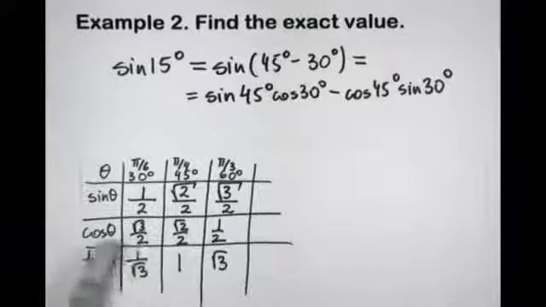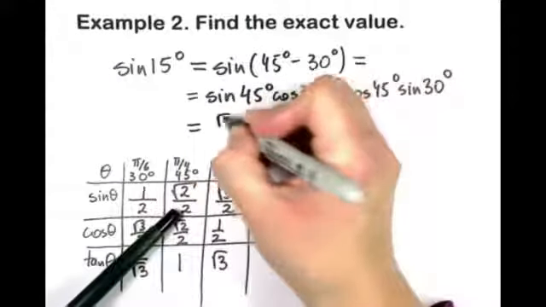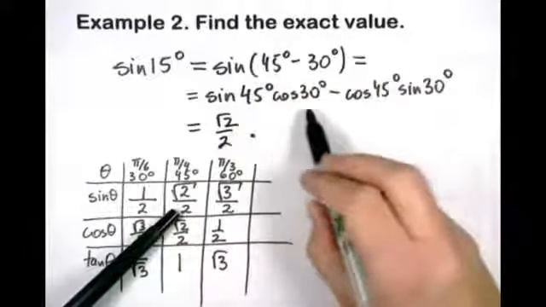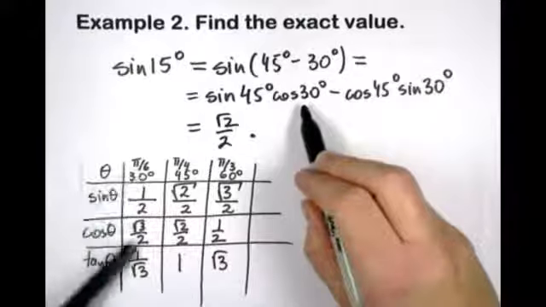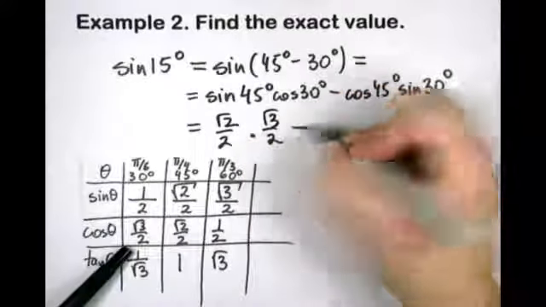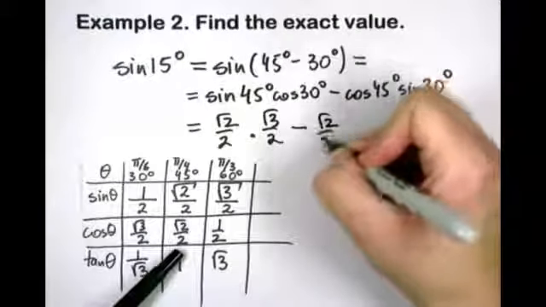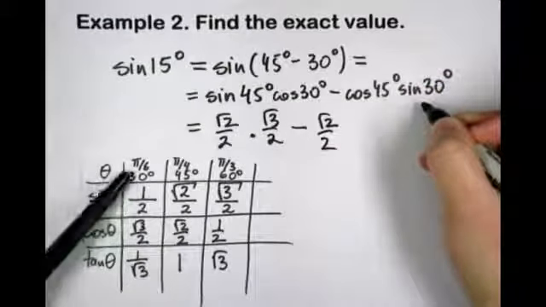And cosine goes backwards, and tangent is sine over cos, so we can divide that. So now sine 45 degrees is root 2 over 2, times cos 30, and cos 30 degrees is root 3 over 2. Then we have minus cos 45, which is root 2 over 2, and sine 30 is 1/2.